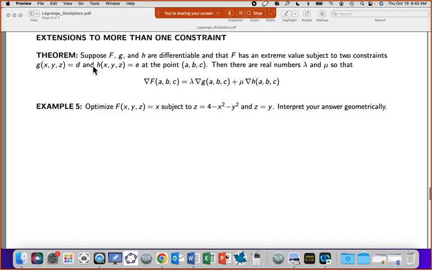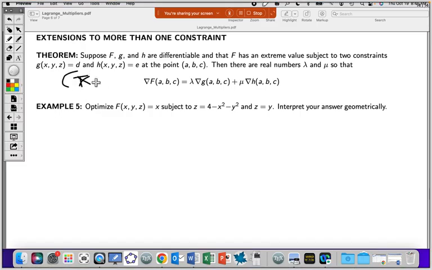All right, so once again, this would be a nice little project here to explain where this comes from. Because if you've got one constraint, great. Now we got 2 constraints. What happens is you introduce an additional Lagrange multiplier.